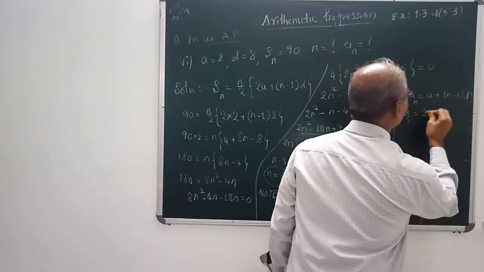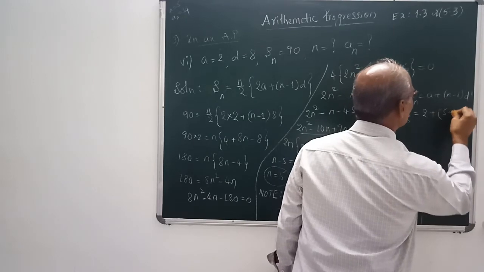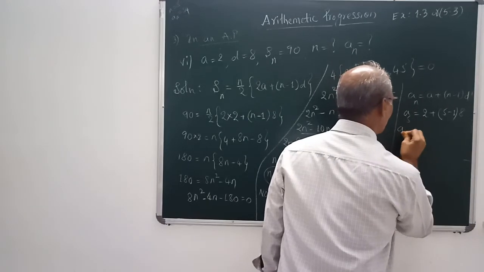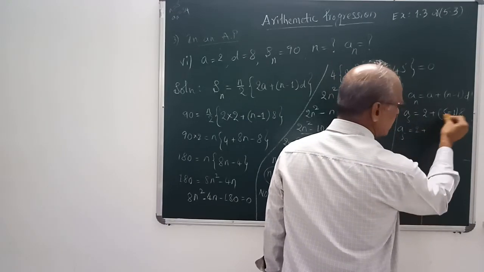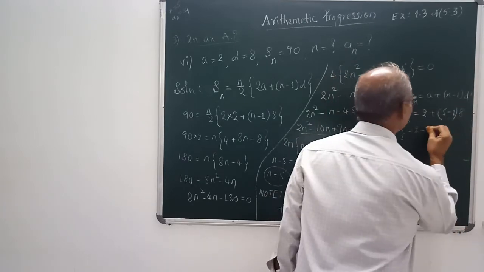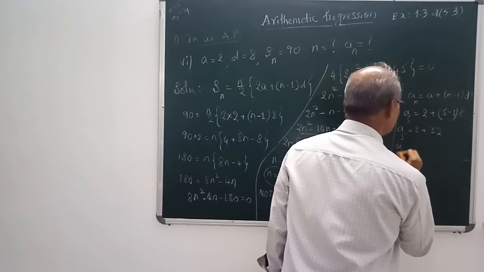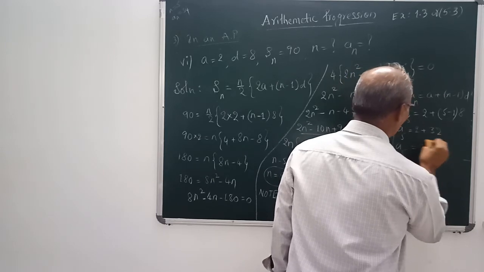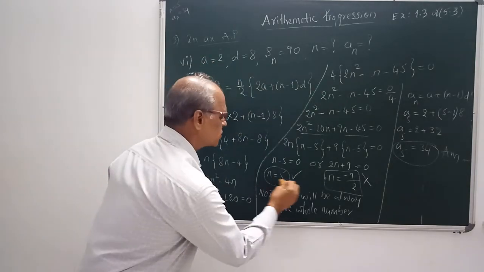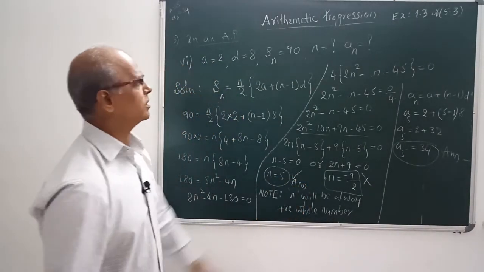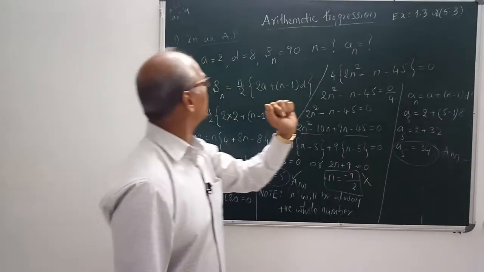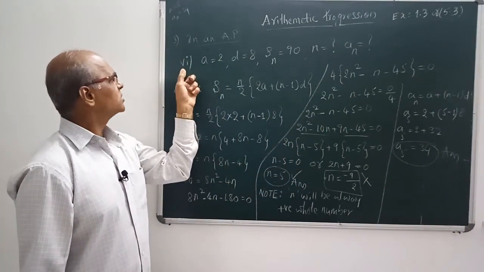That means it is 2 plus, n is 5, minus 1, d is 8. So a5 is equal to 2 plus 4 8s, 4 8s are 32. That means 2 plus 32, so what is a5? 34. This is what is your answer. n is 5, an means the 5th term. This is your answer. Now what I do? I'll go for the 6th, 7th, I will do.